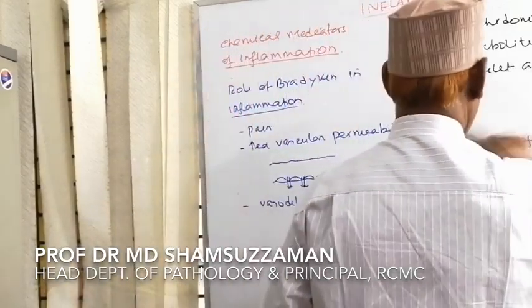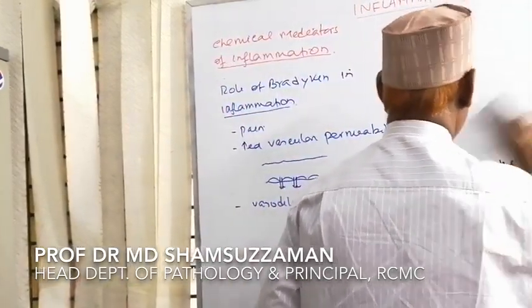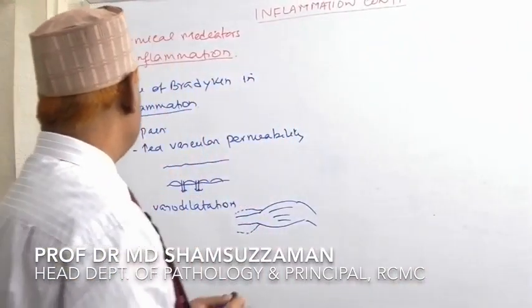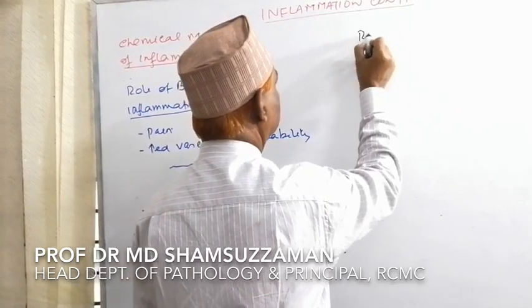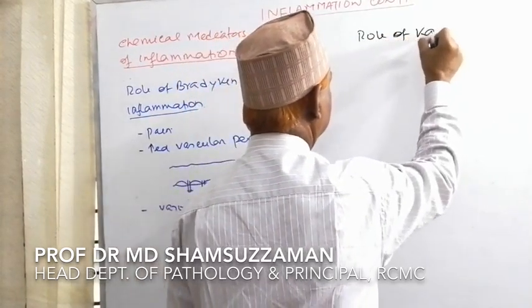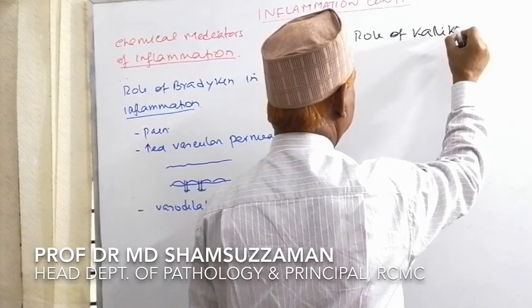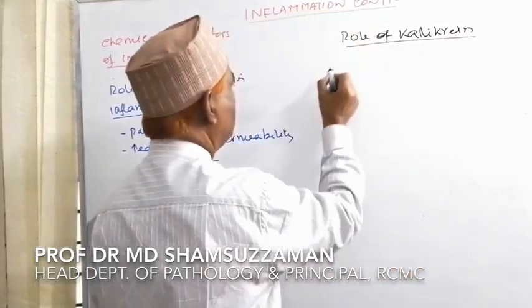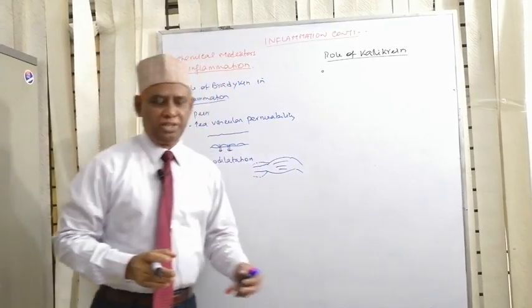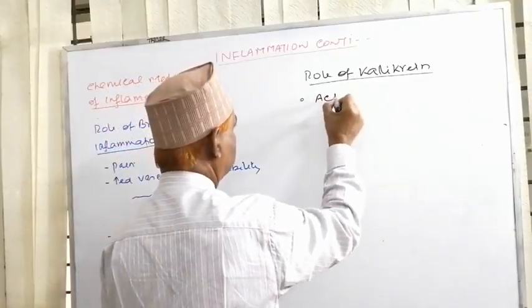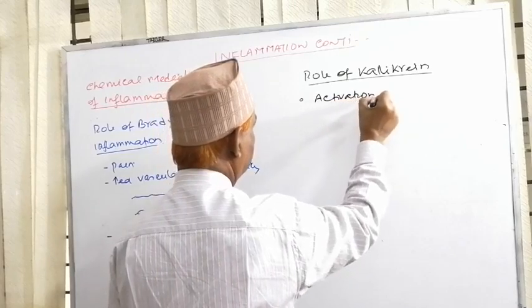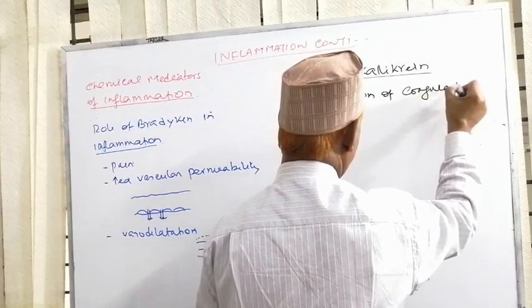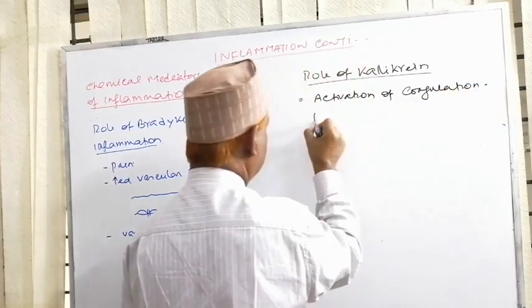Now come to role of kallikrein in inflammation. What's the role? It is associated with the activation of coagulation, fibrinolytic system.